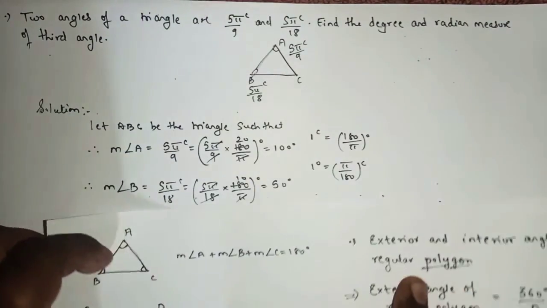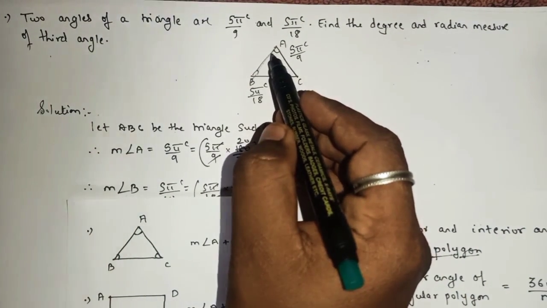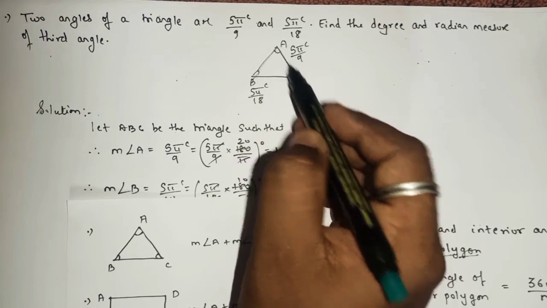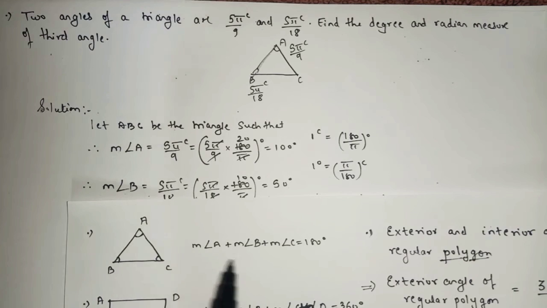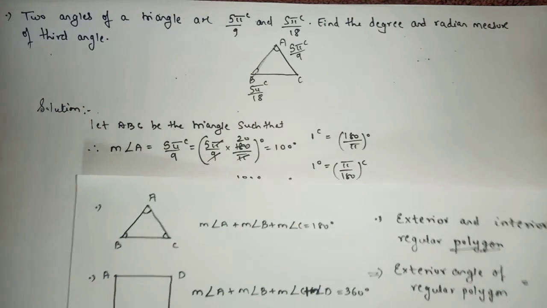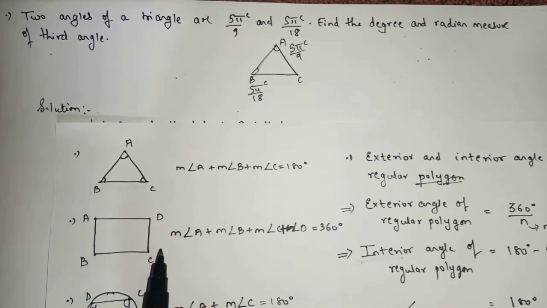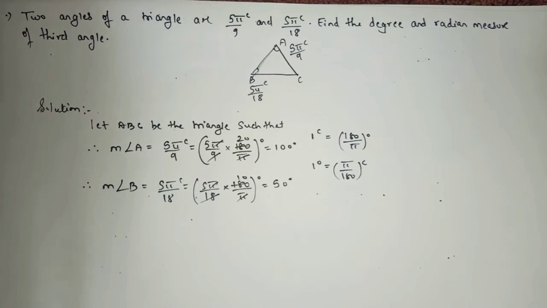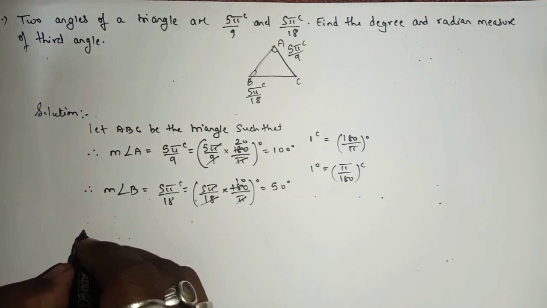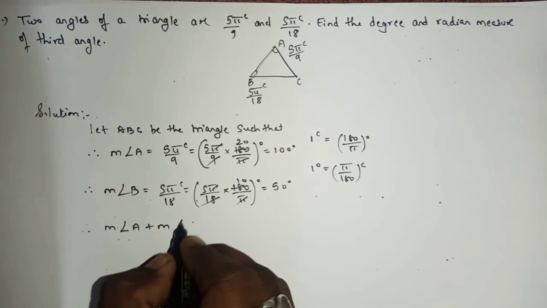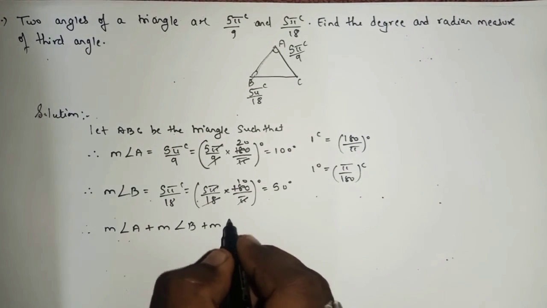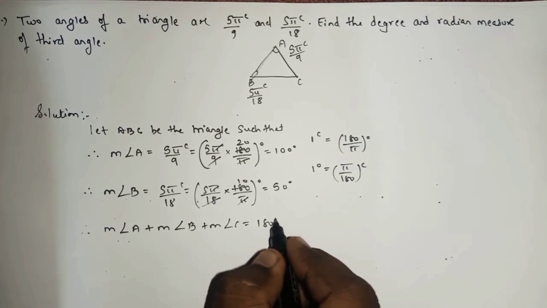As the sum is about the angles of a triangle, we apply the property that the sum of the interior angles of a triangle is 180. If it is a quadrilateral, we use the sum of the interior angles as 360. So using the property, measure of angle A plus measure of angle B plus measure of angle C is equal to 180.